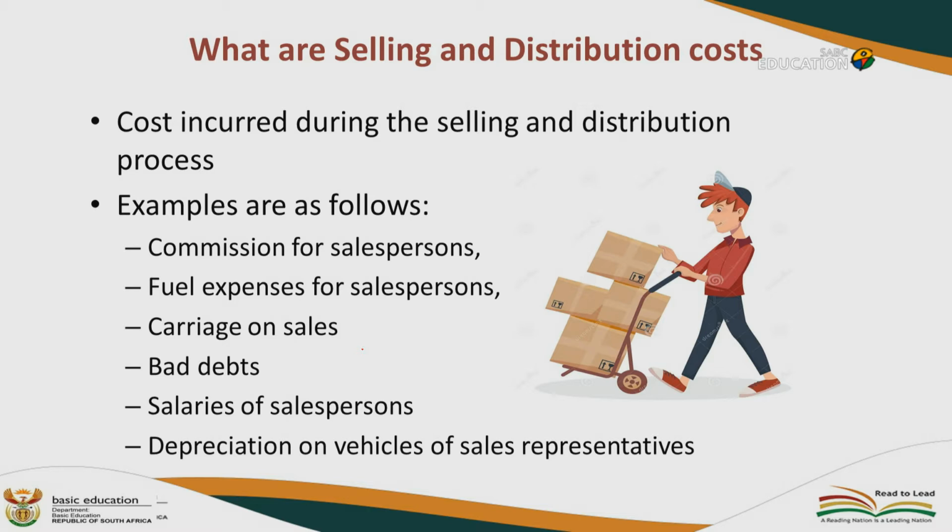And the examples are as follows. Those are your commission for salespersons, the fuel expenses for the salesperson, the carriage on sales, your bad debts, salaries of the salesperson, also the depreciation on vehicles of sales representatives.